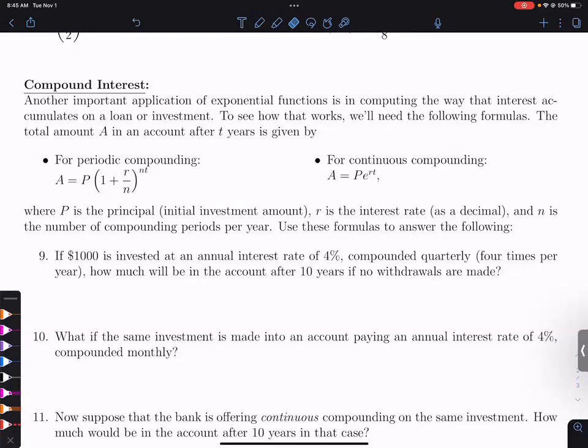There are no free lunches. Everybody's looking out for number one. The reason the bank pays you interest on your savings account or your investment or whatever is because they're going to use your money to loan out to other people, and they're going to charge them more interest than they're paying you. That's how the thing works.